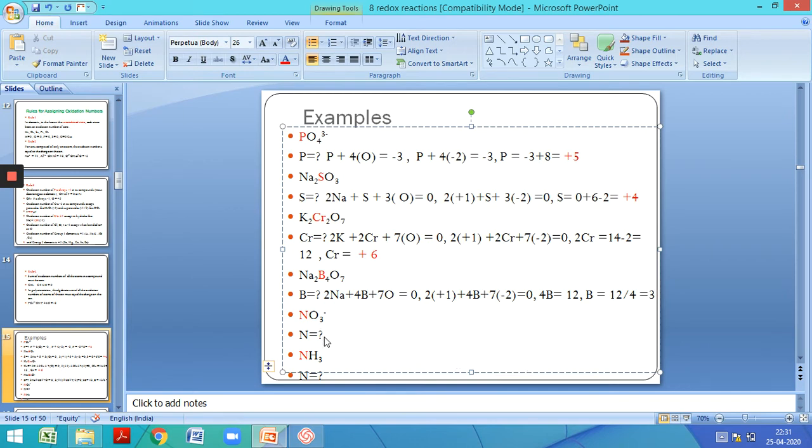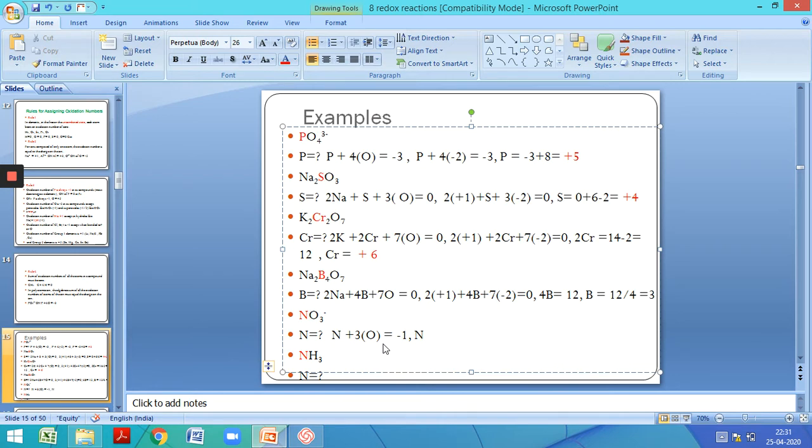In nitrate ion, what is the oxidation number of nitrogen? So nitrate ion is made up of nitrogen plus 3 oxygen, and the charge on the ion is equal to minus 1. The sum of the oxidation numbers is equal to minus 1.